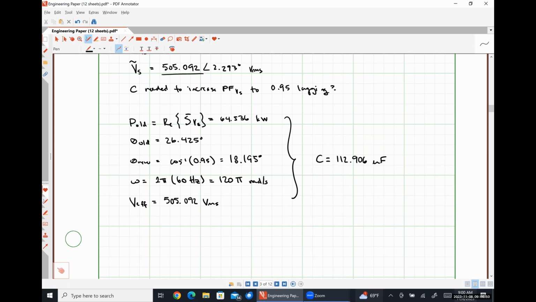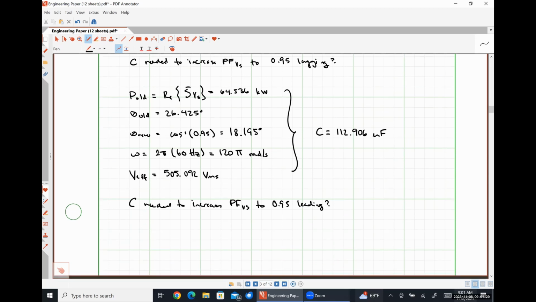Okay. So just as a quick aside here, 0.95 lagging is a pretty standard value. Let's look at 0.95 leading, right? So if we wanted C needed to increase our PF to 0.95 leading, what's the only piece of information that we would need to change for this calculation?